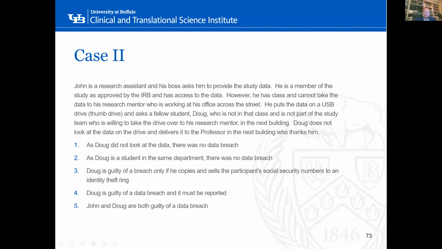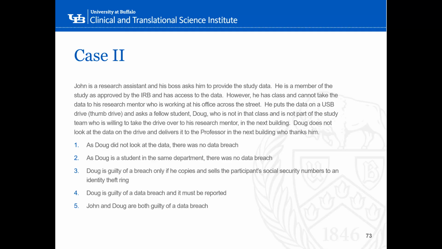Who wants to read it? Someone besides Jordan, please. I can read it. Great. Thanks, Larissa. John is a research assistant, and his boss asks him to provide the study data. He is a member of the study as approved by the IRB and has access to the data. However, he has class and cannot take the data to his research mentor, who is working at his office across the street.